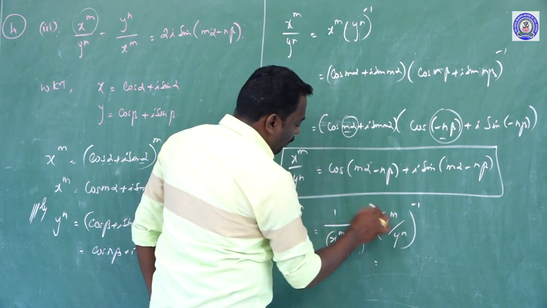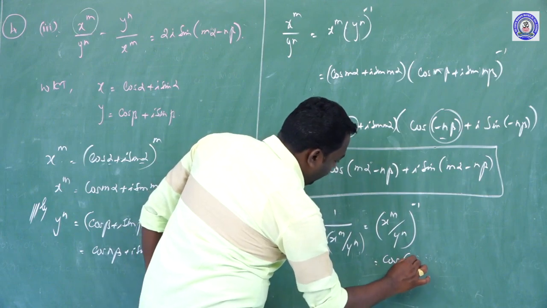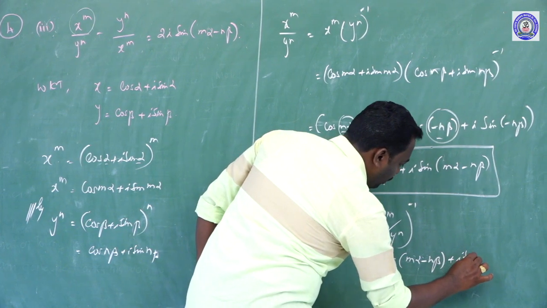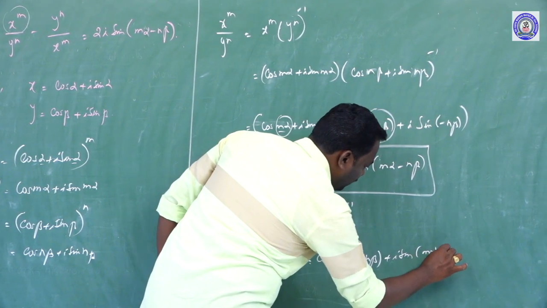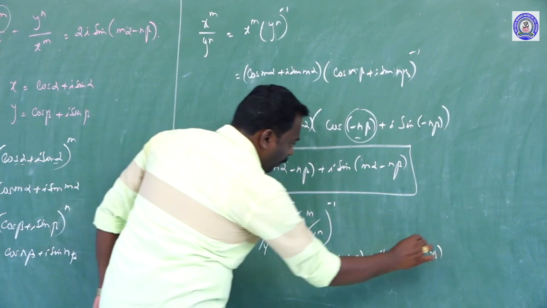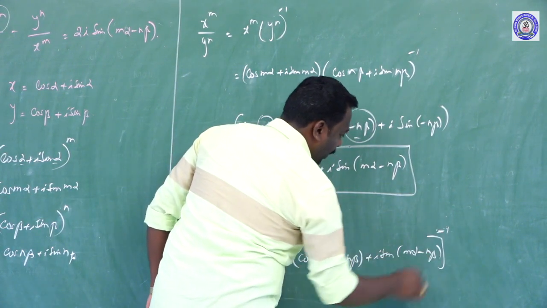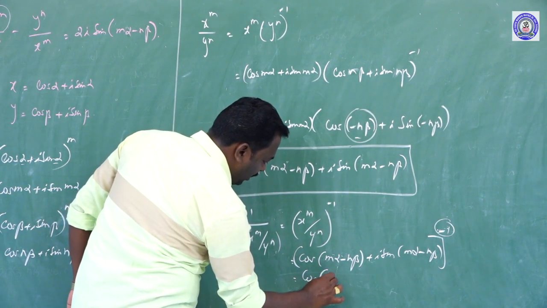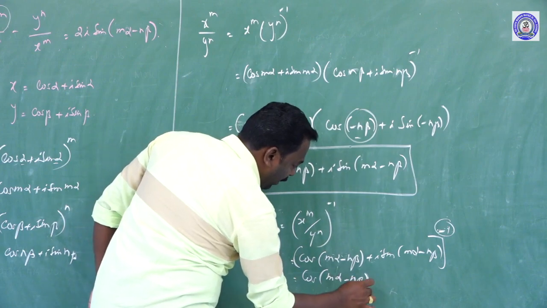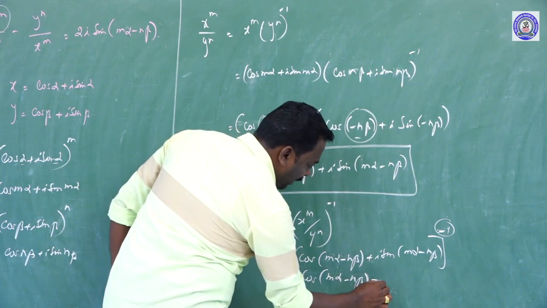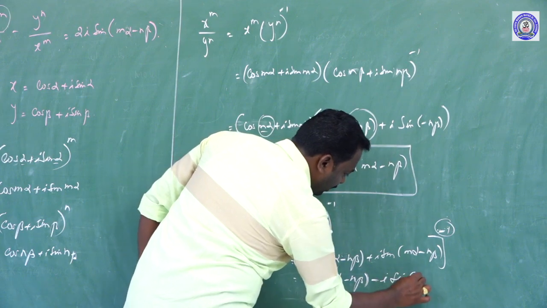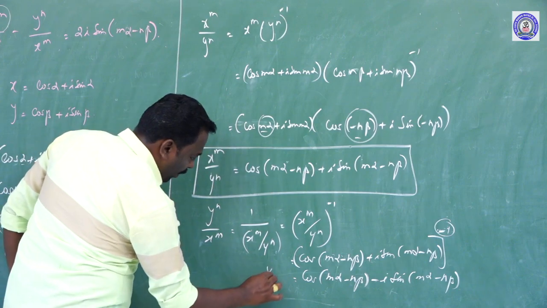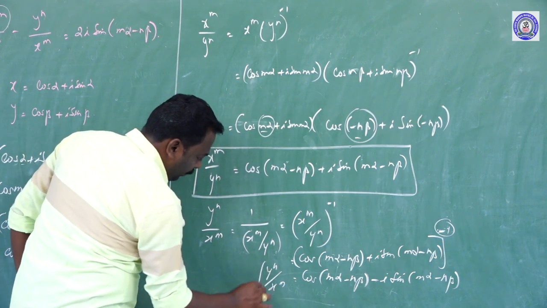We know this term is cos(mα − nβ) + i sin(mα − nβ), then whole power minus 1. Multiply the minus 1 into this term: that is cos(mα − nβ) and minus becomes minus i sin(mα − nβ). That is the term y^n / x^m.